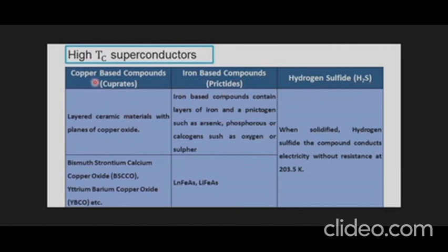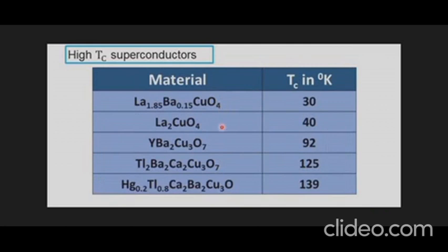Copper-based compounds are layered ceramic materials with planes of copper oxide, such as bismuth strontium calcium copper oxide, yttrium barium copper oxide, etc. Iron-based compounds contain layers of iron and a pnictogen such as arsenic or phosphorus, or chalcogens such as oxygen or sulfur, for example LnFeAs, LiFeAs. Hydrogen sulfide: when solid hydrogen sulfide is compressed, the compound conducts electricity without resistance at 203.5 Kelvin. This is one more example of a high Tc superconductor.